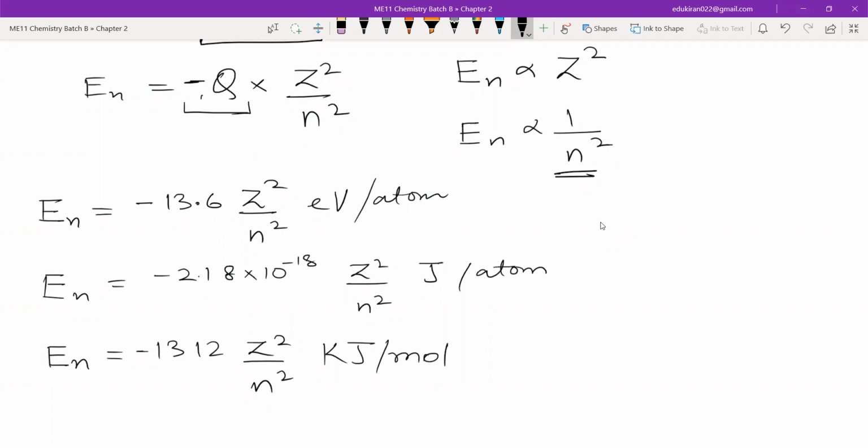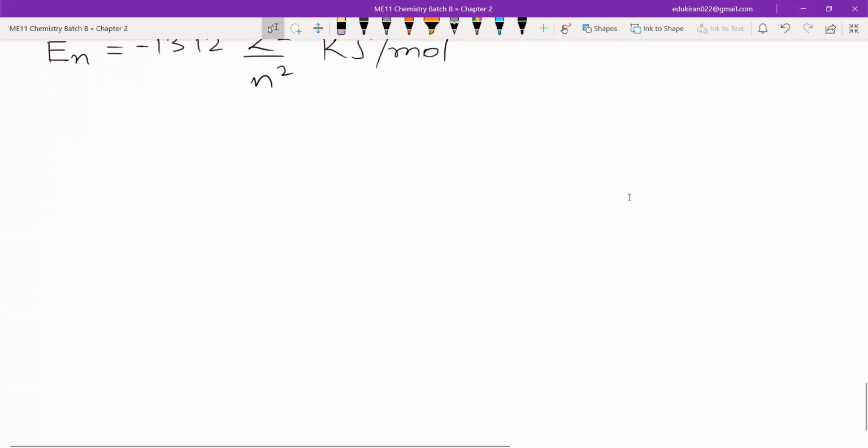Now, if I have got the energy of nth shell, then let us find out some energies. Let us find out some energies. And the first is the ionization energy.